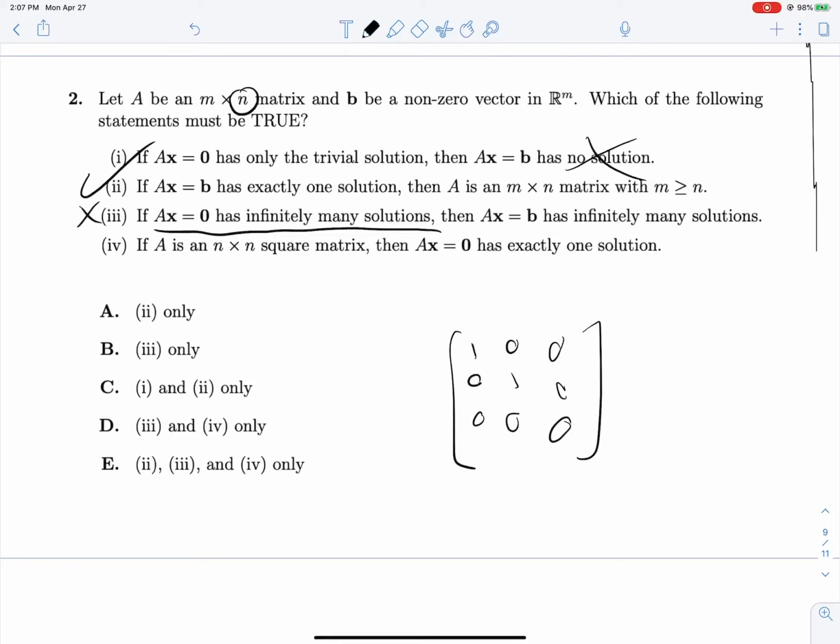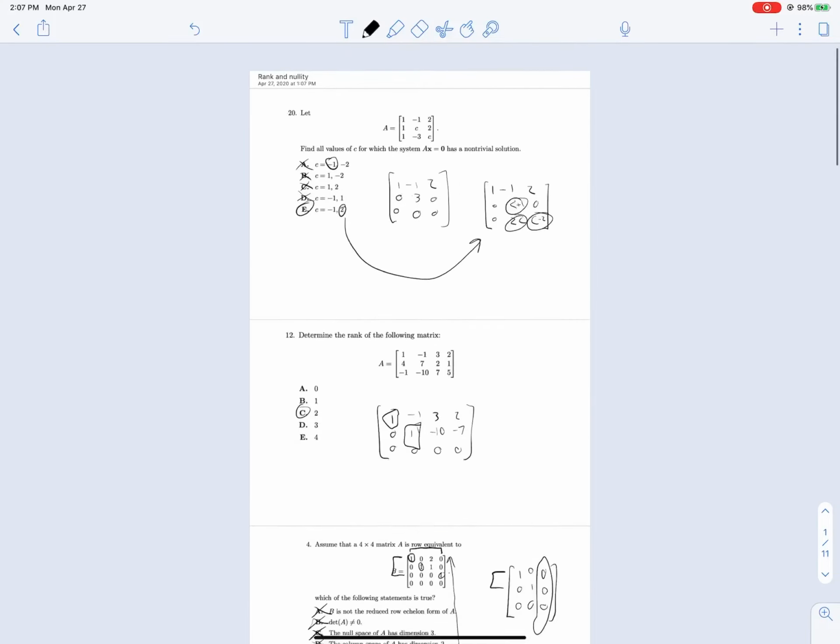This is an n by n square matrix, but Ax equals 0 has infinitely many solutions because we have a free variable. Here is an n by n matrix with a null space with a dimension of 3. This takes in all of R3 and just outputs it to the origin. So no, this is not true. So 2 only is our answer, and we are done.